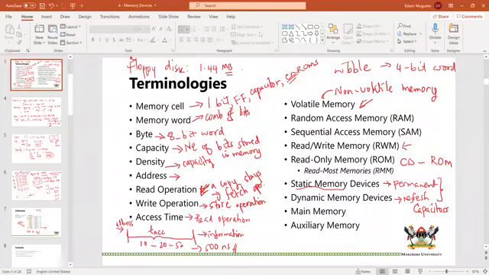And so you could say both static and dynamic are also volatile. So under volatile, you can put static and dynamic, but then you say that this one needs refreshing, whereas that one does not need refreshing. Okay, so that is that.